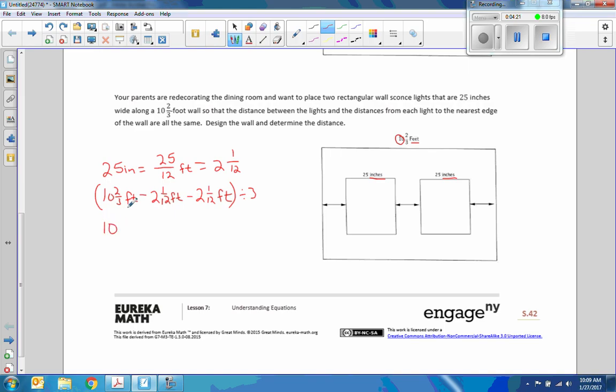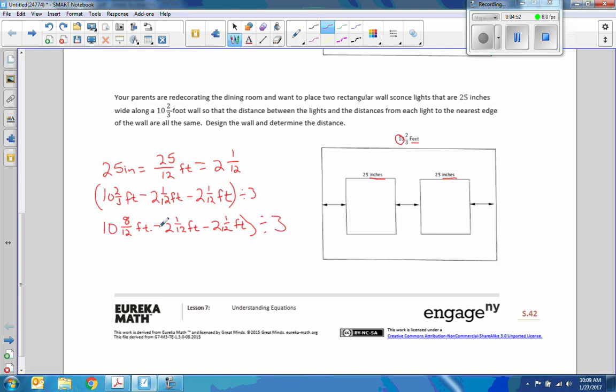So it's going to be 10, but I don't want a 3 here because we have 12 and 12, so we have to have common denominators. So I want a 12 here. In order to make 3 into 12, we have to multiply by 4. 4 times 2 is 8. So it's 10 8/12 feet minus 2 1/12 feet minus 2 1/12 feet, divided by 3.